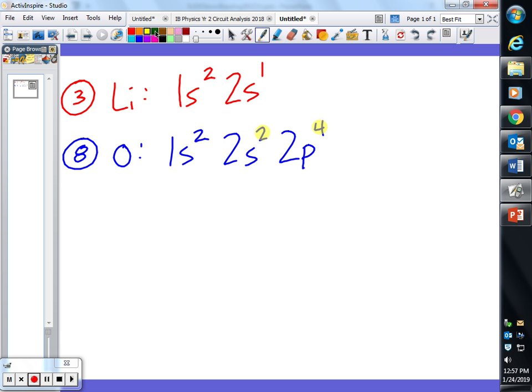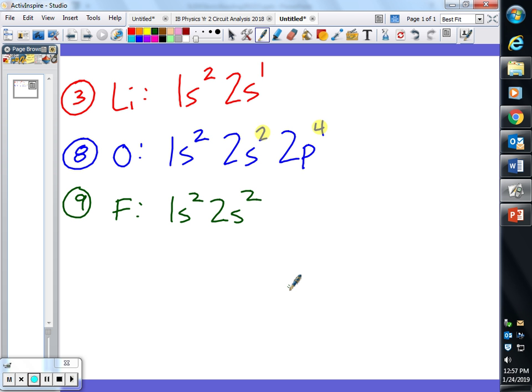Next on your list, I believe, is fluorine, right? How many total electrons does fluorine have? 9. So this one's going to be pretty easy, right? We already know that the first 2 go here. The second 2 go here, right? And we discussed before how many electrons can fit in the 2p orbitals total. 6 could.